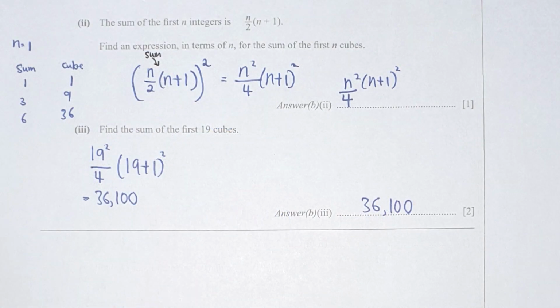So basically, you just square the entire equation that you had gotten earlier. The n bracket n plus 1 over 2, you square it up, then you get n squared over 4 bracket n plus 1 squared. So for the first 19, basically substitute 19 into the equation, then you get 36,100.